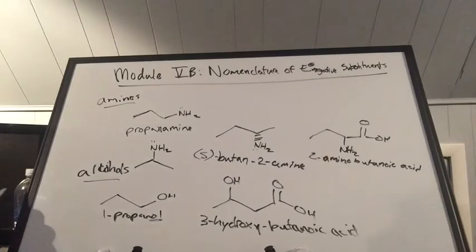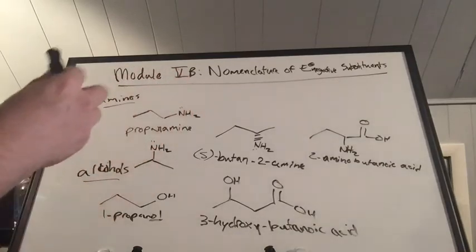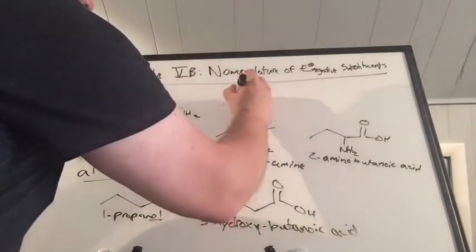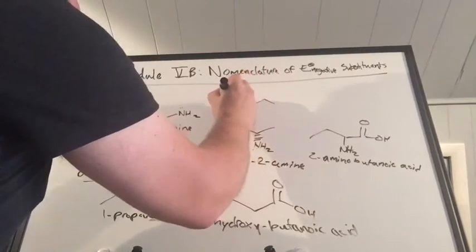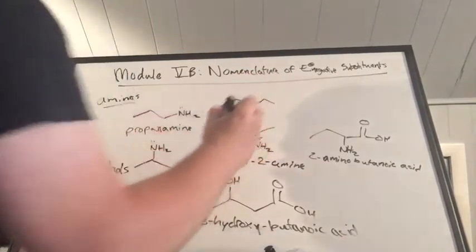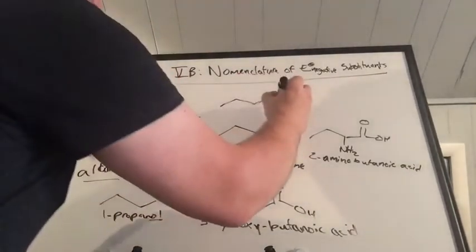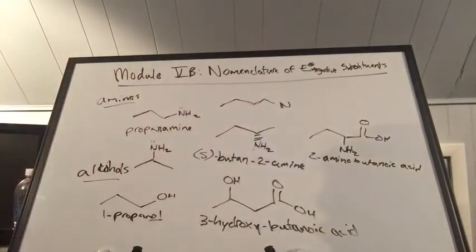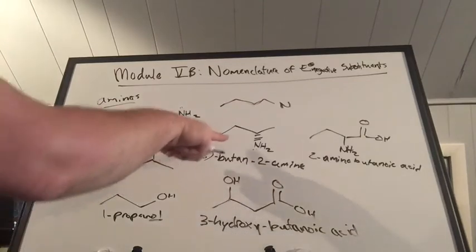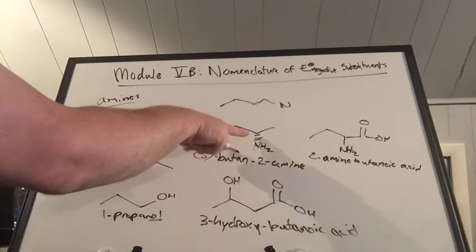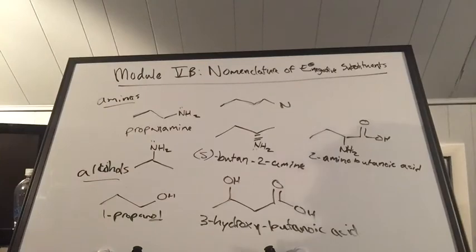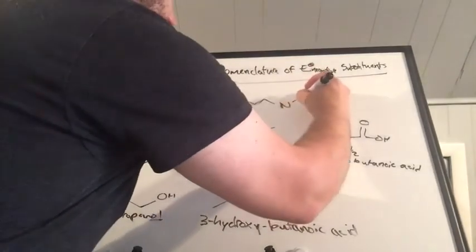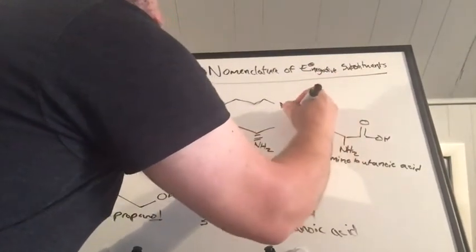Okay, so with that said, when you have certain things branching off, you need to label them as such. So, for instance, in your text or in your notes here, we have butanamine, sort of like what I have here, except it's in the one position, and then we have 2 methyls attached.